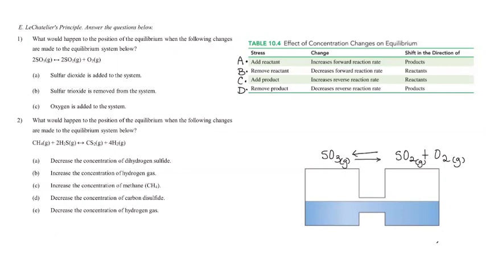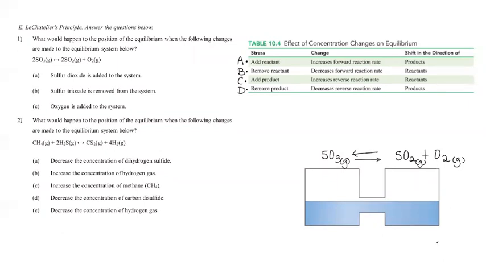Anything that is in a solid form or liquid form, even if you make changes to them, does not affect the equilibrium, because in chemistry, we consider that things that are in solid or liquid form have a constant composition. So only molecules that are found in gas form or aqueous form are the ones that are going to affect the equilibrium of a system if there's changes done to them.